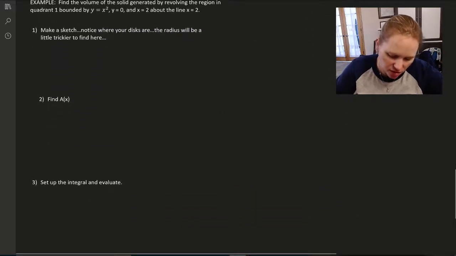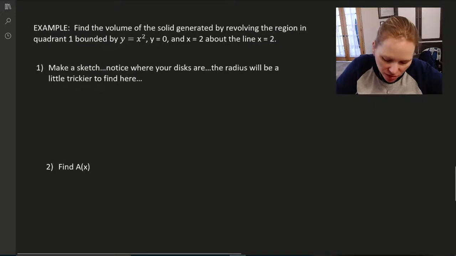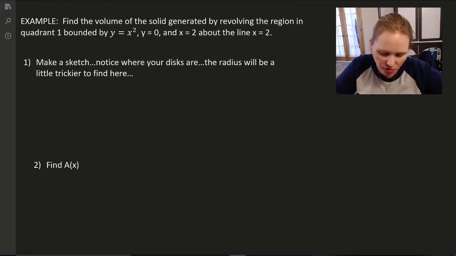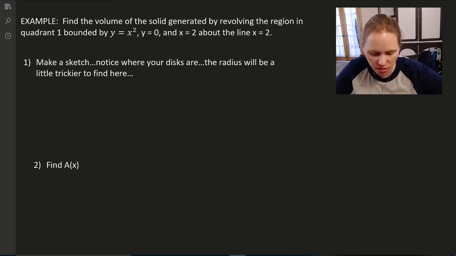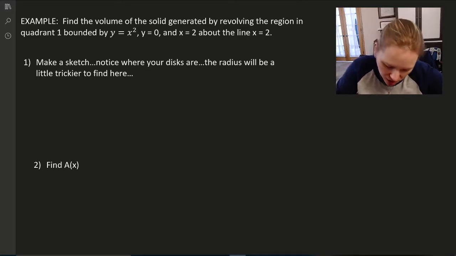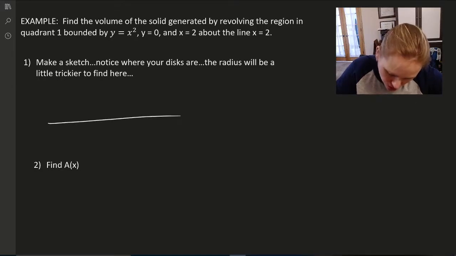Let's see another example. The volume of a solid generated by revolving the region in quadrant 1, bounded by y equals x squared, y equals 0, and x equals 2, about the line x equals 2. So this is what we're finding the volume of. So let's make a little sketch. Okay. So we're only in quadrant 1.